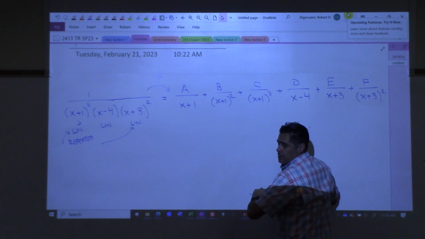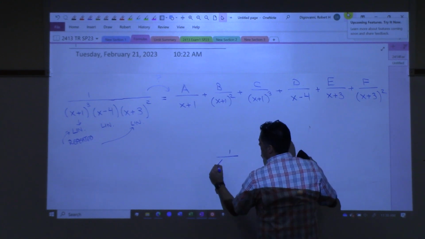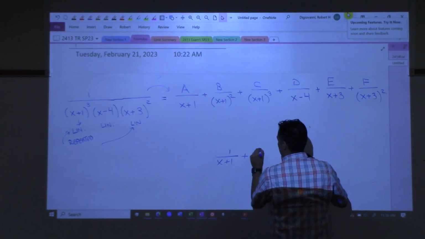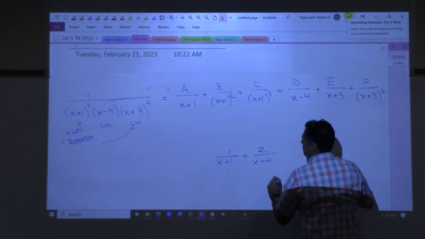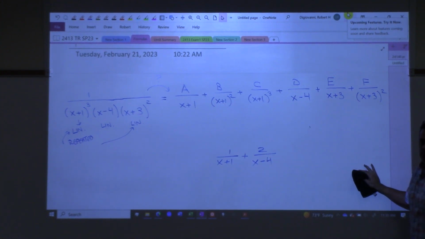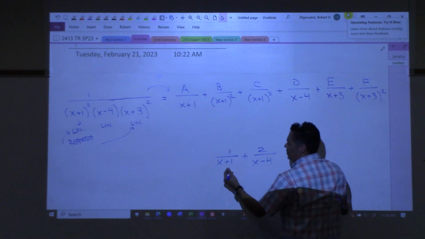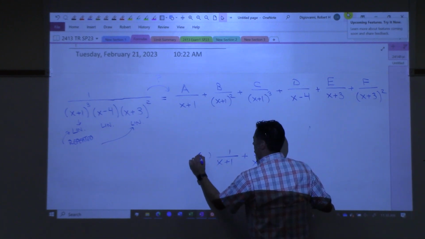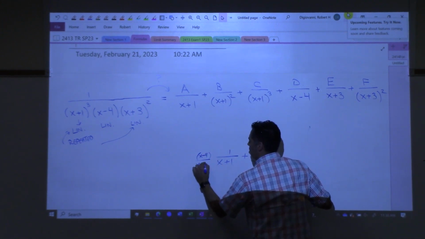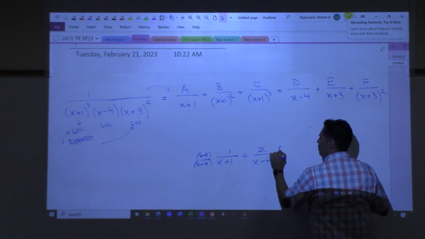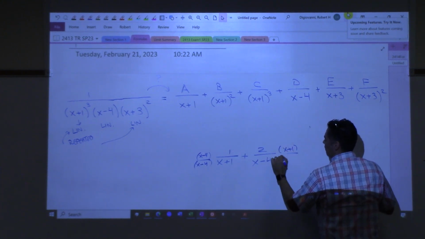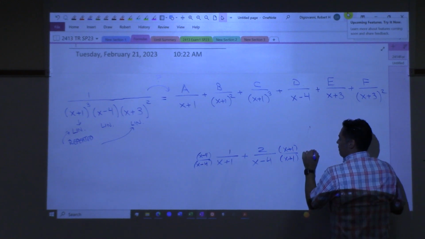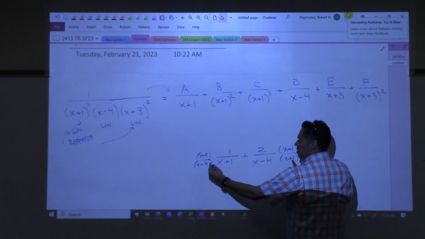Look, if I write this down, maybe just one example, can you all add that together? You get a common denominator, right? So you would multiply here by x minus 4 over x minus 4, and then over here you'd multiply by x plus 1 over x plus 1. You're multiplying by the same thing, so you get a common denominator.